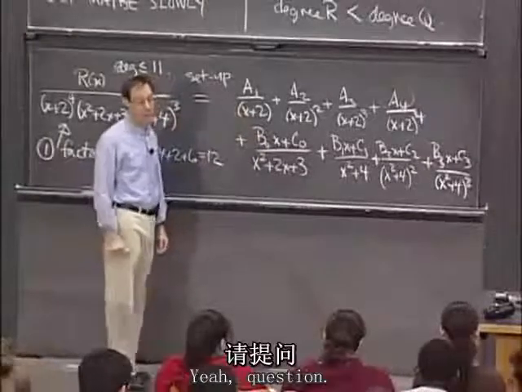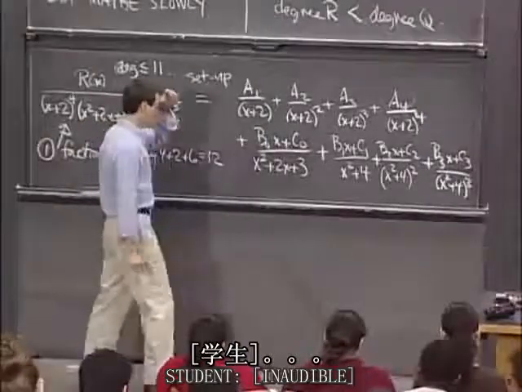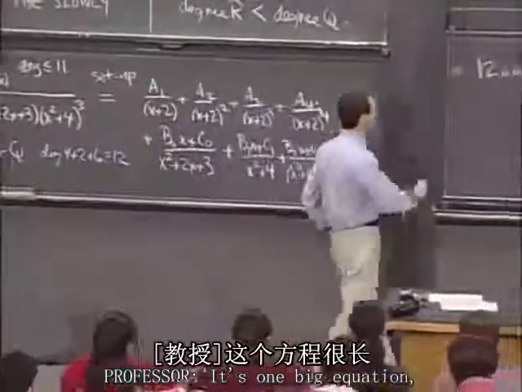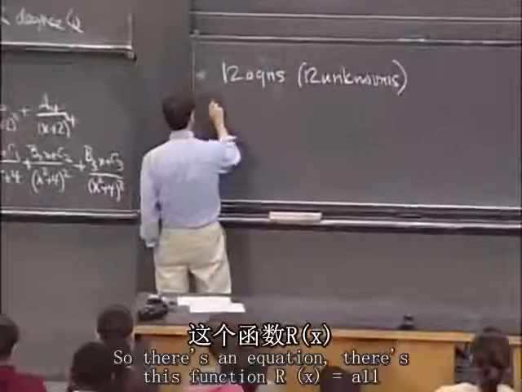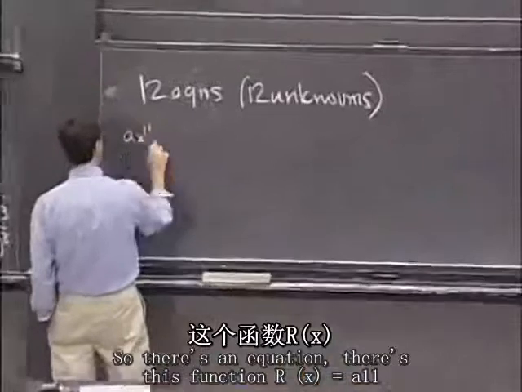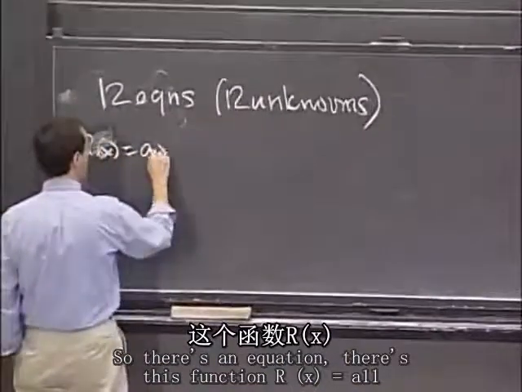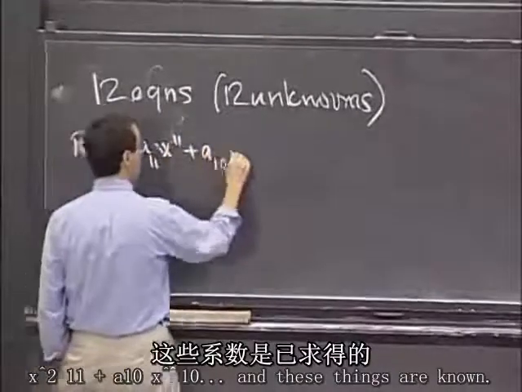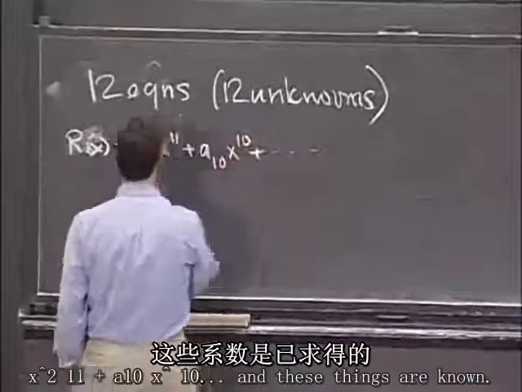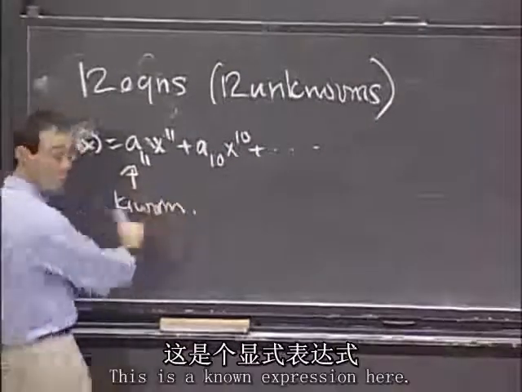Question: I see that there are 12 unknowns, but isn't it just one big equation? It's one big equation, but it's a polynomial equation. This function r of x is equal to a11 x to the 11th plus a10 x to the 10th, and so on. And these things are known. This is a known expression here.